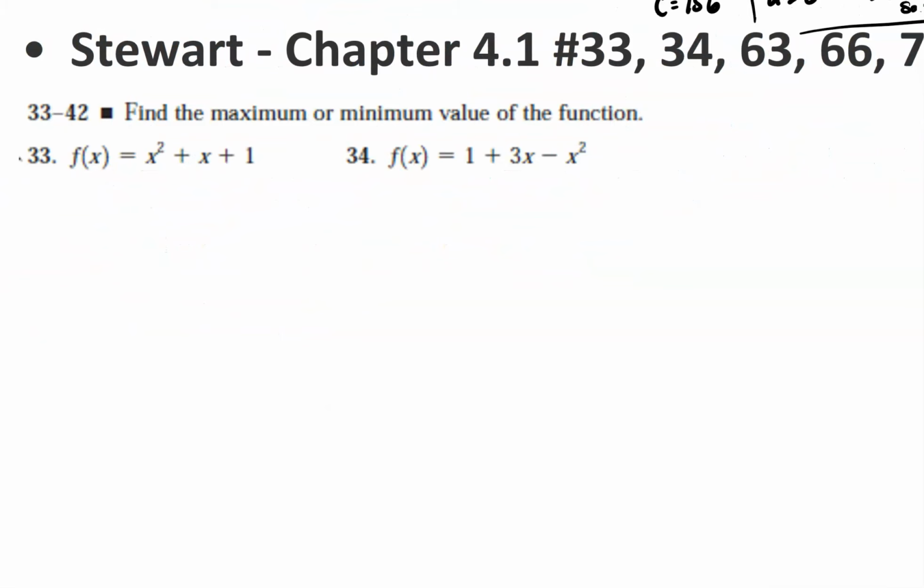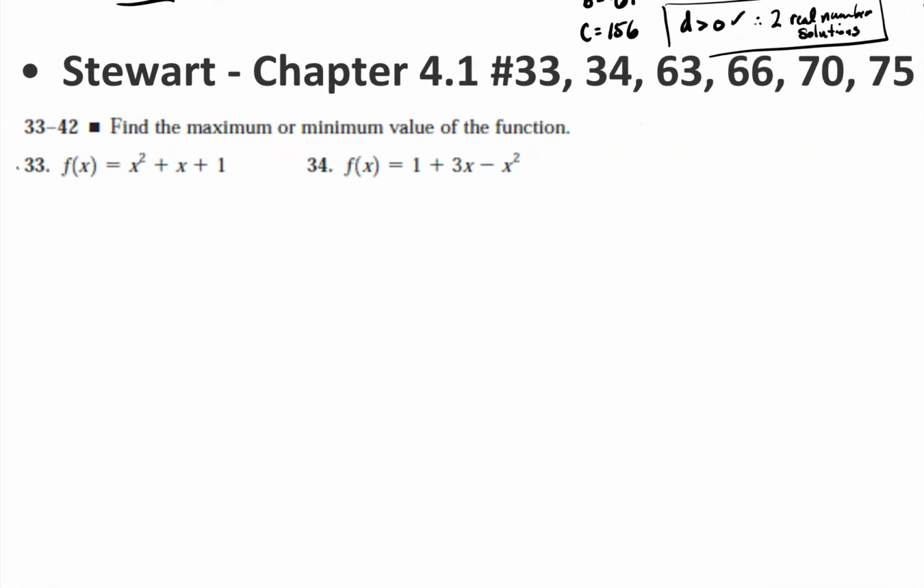Now, to transition into the next point of discussion for this class, having to do with these quadratic functions, is that we know that we're talking about U-shaped graphs, and these U-shaped graphs have a high point and a low point to them, or in other words, a maximum and a minimum value.